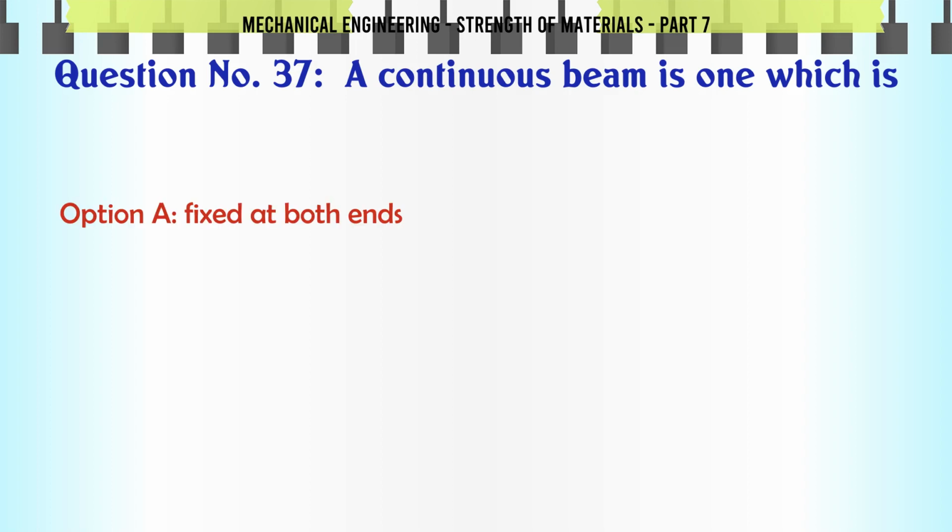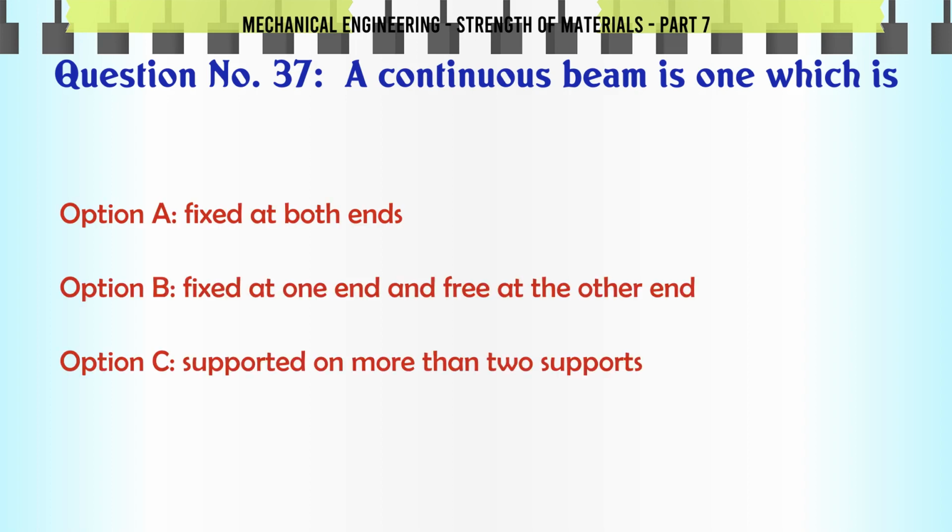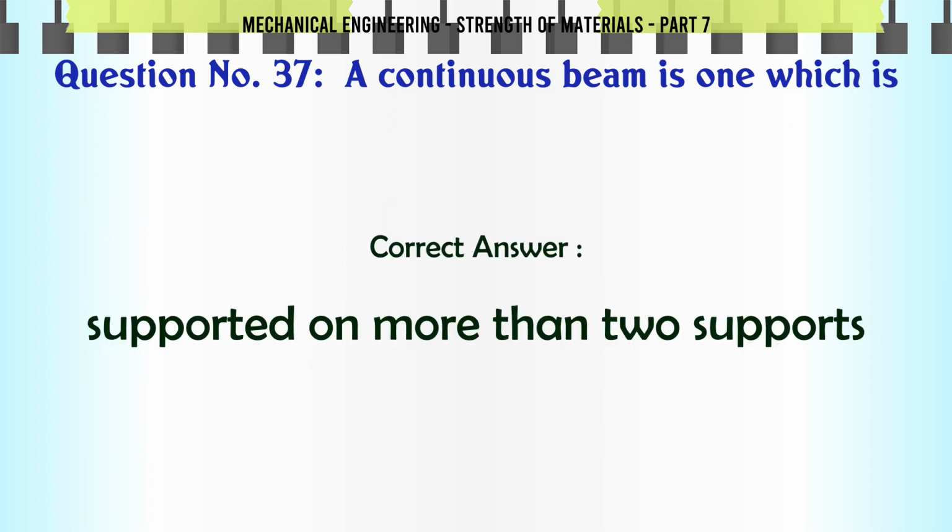A continuous beam is one which is: A. fixed at both ends, B. fixed at one end and free at the other end, C. supported on more than two supports, D. extending beyond the supports. The correct answer is supported on more than two supports.